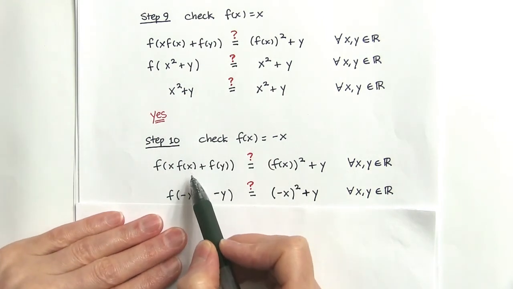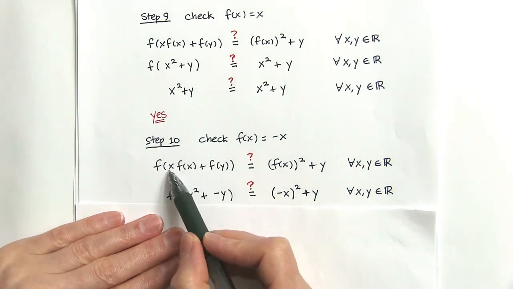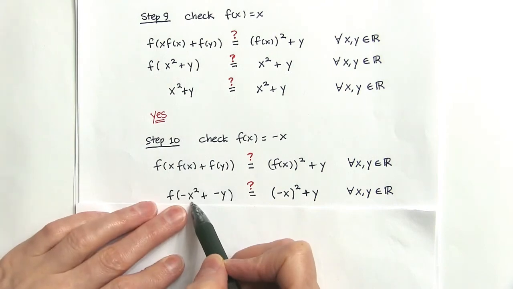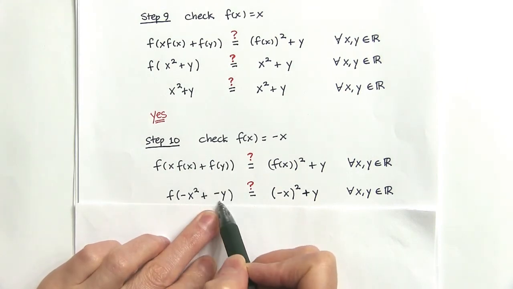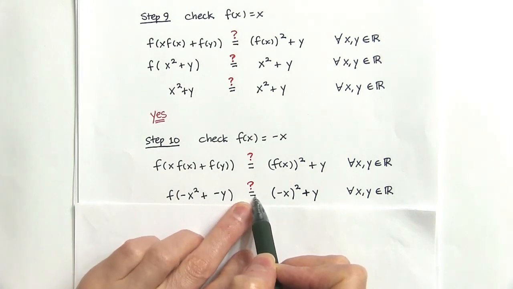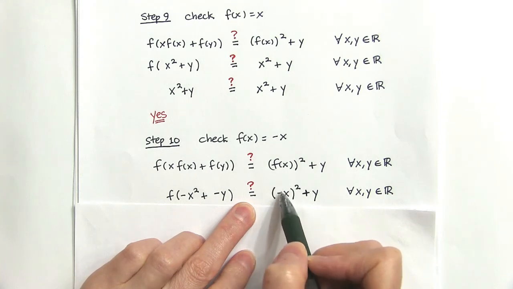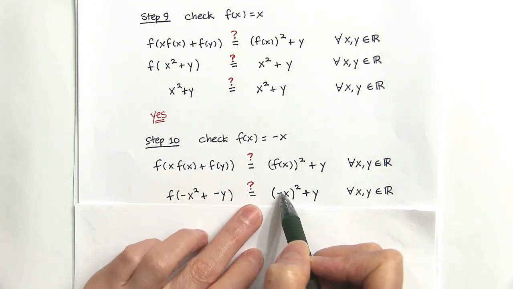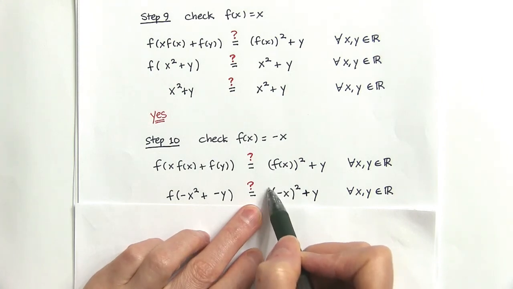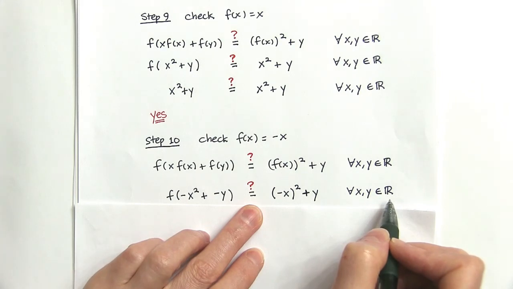So the left-hand side becomes f at x is minus x, so x times minus x is minus x squared. When I plug y into f, I get minus y, and we want to know, is that equal to the right-hand side? When I plug in x into f, I get minus x, and so we want to know if this equals the right-hand side, which is the quantity minus x squared plus y, for every pair of real values, x and y.